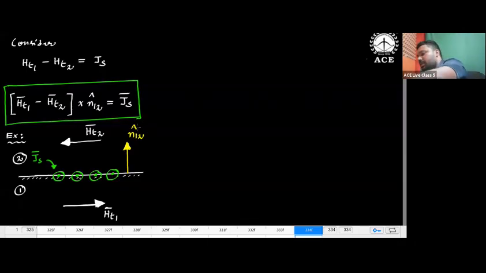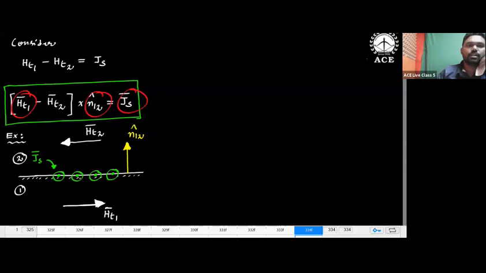Now see the cross product, is that correct? HT1 cross N12 is equal to JS. Is that correct, beta? HT1 direction cross N12 direction is equal to JS.